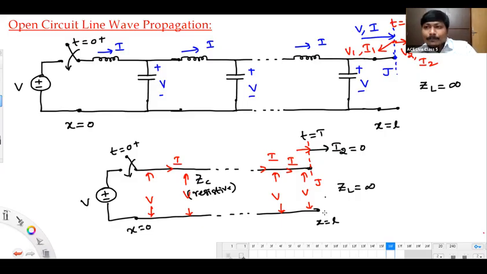Because of that conversion, there is some extra voltage developed in the transmission line. So the resultant voltage on the transmission line will start rising up. Okay. So I'll say here.